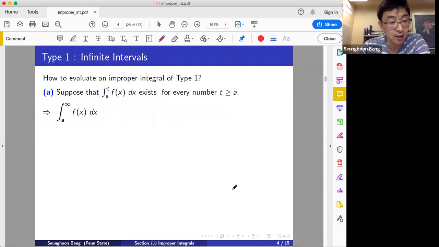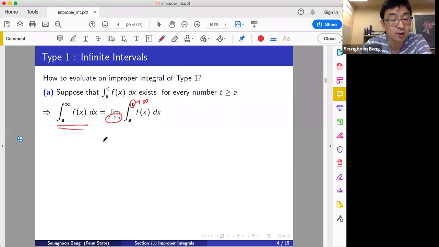How can you calculate the integral from a to infinity of f of x dx? Here, you can find the integral from a to t of f of x dx and take the limit as t goes to positive infinity.